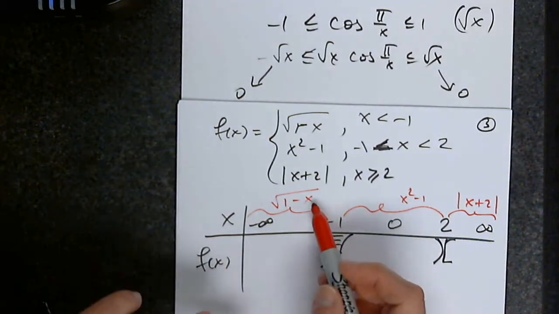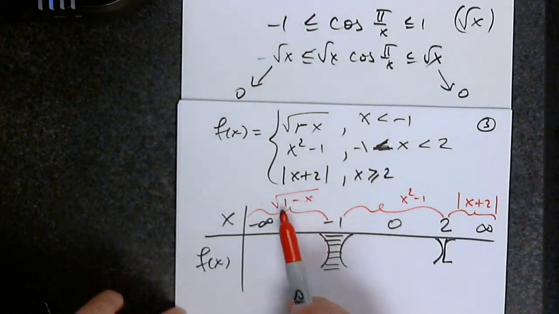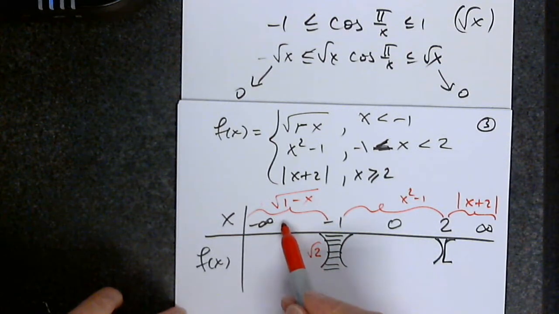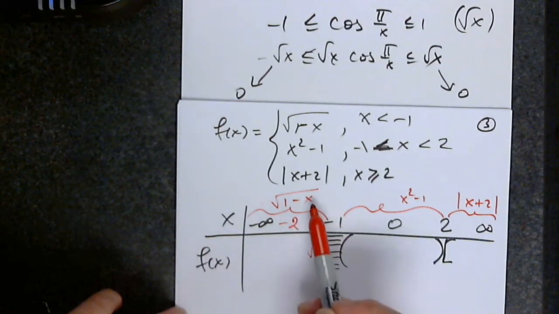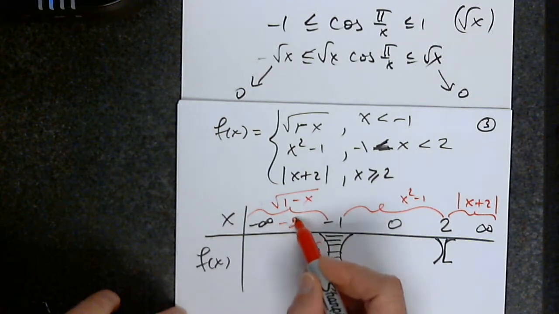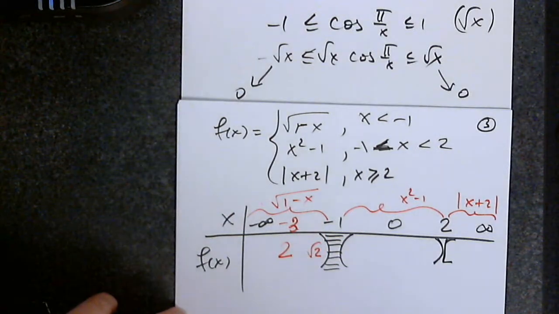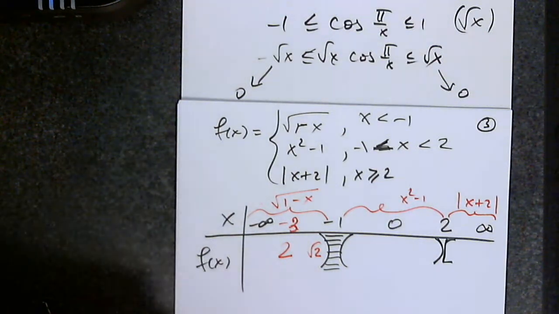So then I plug in, let me see what I want to plug in. When I plug in negative 1, this will be the square root of 2, right? And when I plug in negative 2, I don't want negative 2, I want negative 3. Negative 3, it's 4, so it's 2. So here you just plug in anything between negative infinity and negative 1. I plug in something useful because, for example, negative 2 wasn't useful.